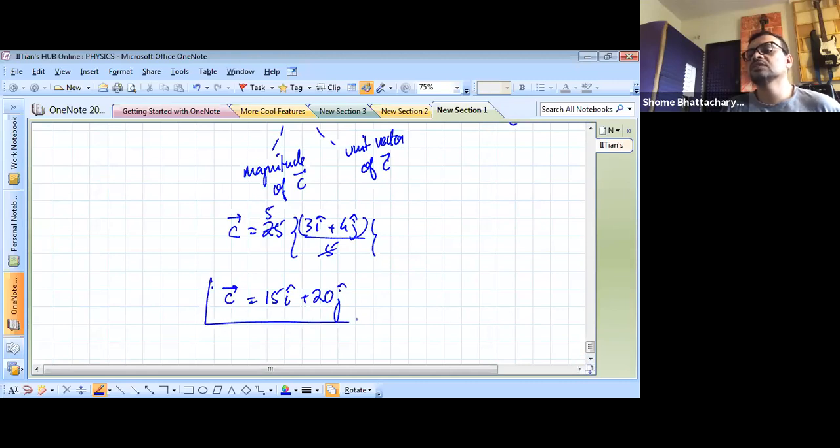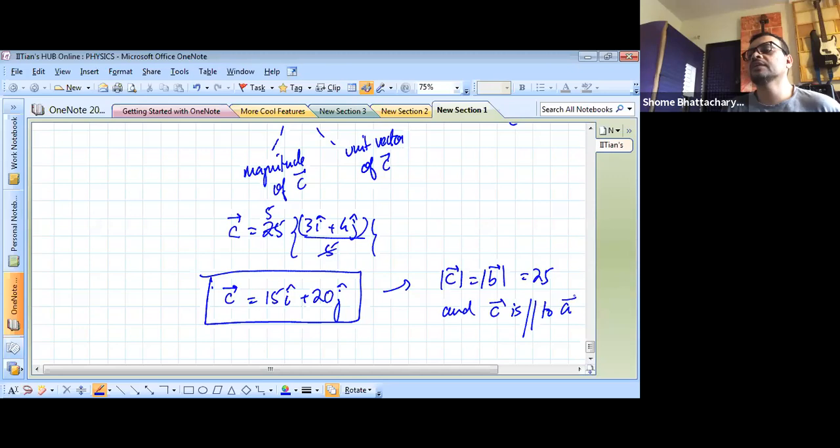So this vector has the property that its magnitude is the same as the magnitude of vector B, and vector C is parallel to vector A, because you remember the vector A was 3i cap plus 4j cap.